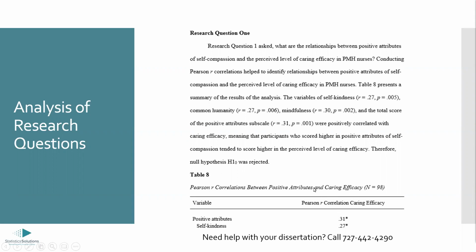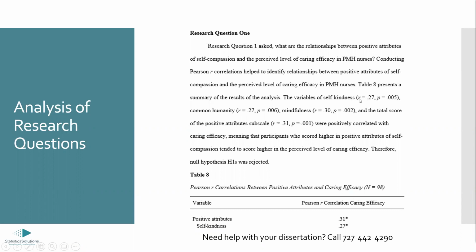And we may also have a table, part of which we see here, that presents the results of the correlation coefficients. Another thing to note about these statistics, which may be a little difficult to see in the presentation: whenever you see a statistical abbreviation, such as the letter R for the Pearson correlation or the letter P for the p-value or significance level, you want those abbreviations to be italicized.